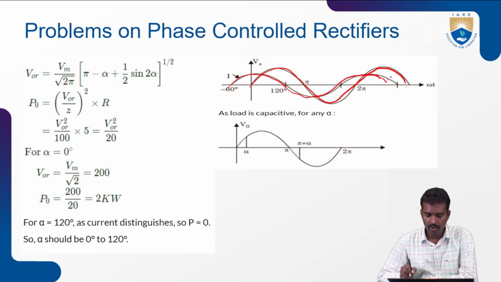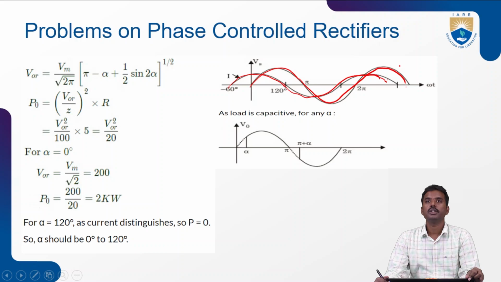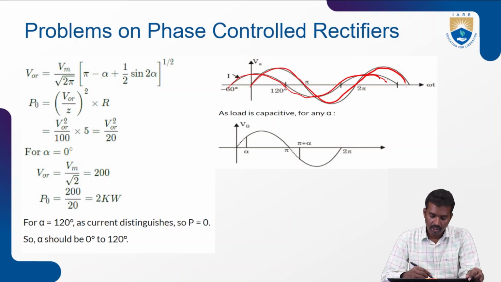Current lags voltage by 60 degrees, and here alpha you need to calculate. So now here T1 will trigger at this alpha, and T2 will trigger at pi plus alpha. So this is T2.